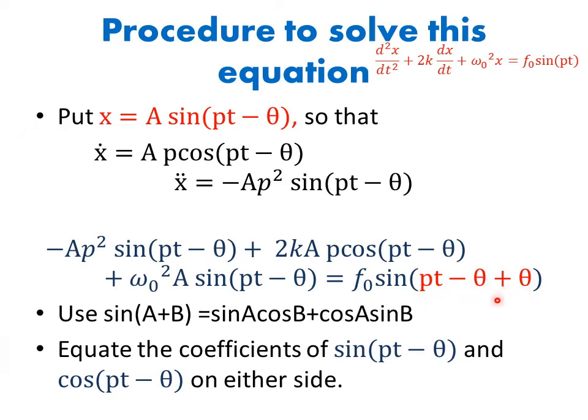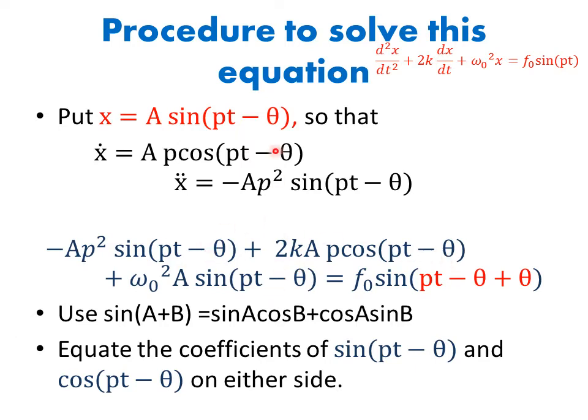The argument of the sine function, sin pt, we will write by adding and subtracting theta, so that on the right side we have sin(a plus b), which we can write as sin a cos b plus cos a sin b. Then on both the left hand side and the right hand side, we will have terms like sin(pt minus theta) and cos(pt minus theta).